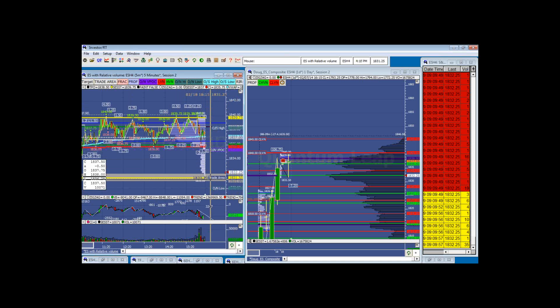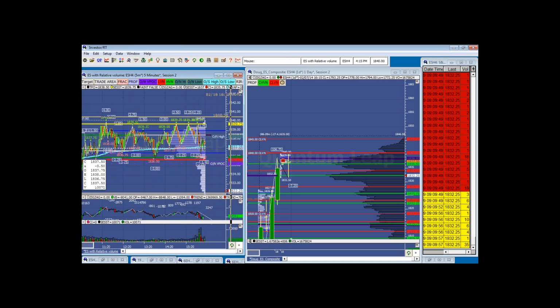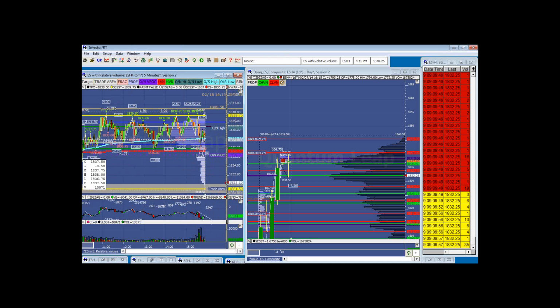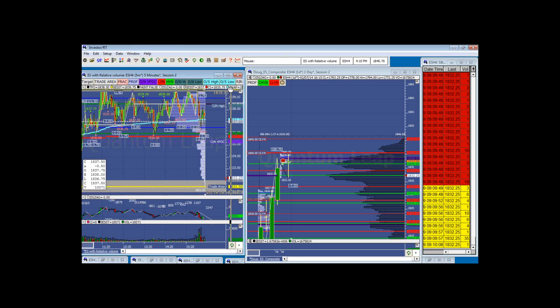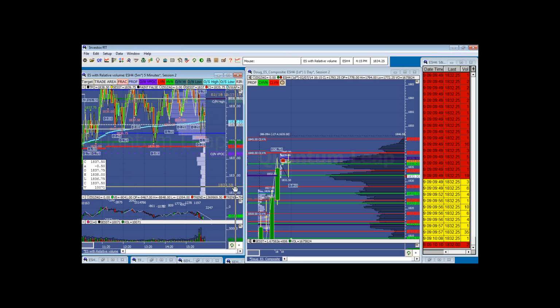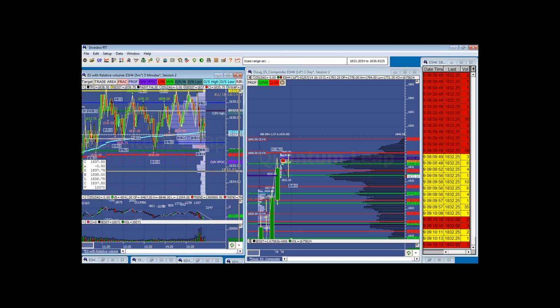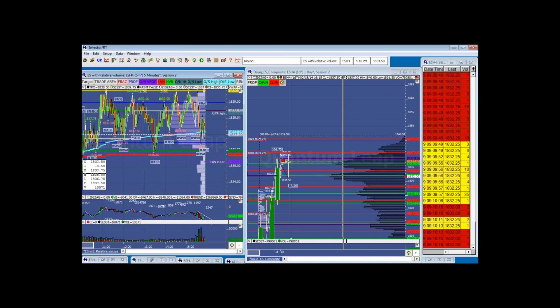If we hold 3150, then I would be looking to come up and test the LVN around this upper distribution from yesterday, which is just going to be right there at the 35 area, but we've got to get back above this 34 CLVN.